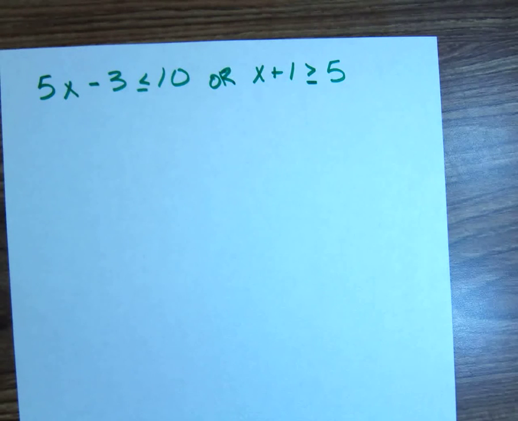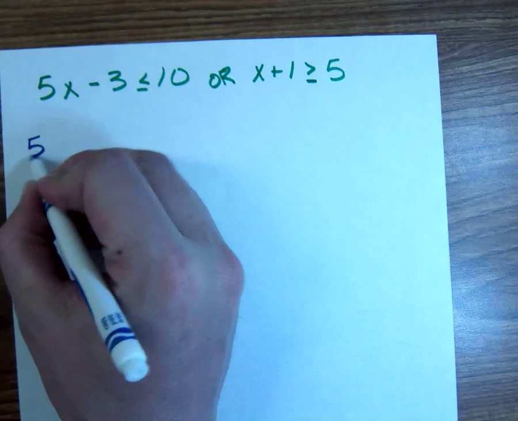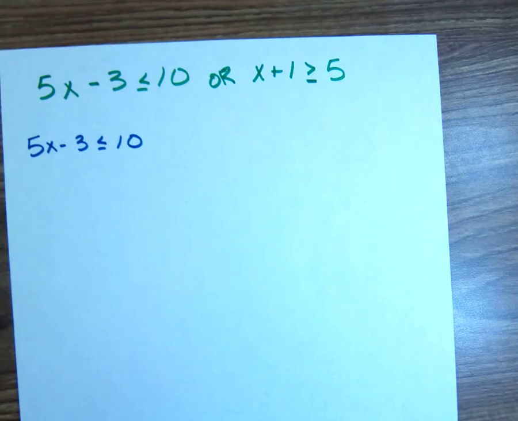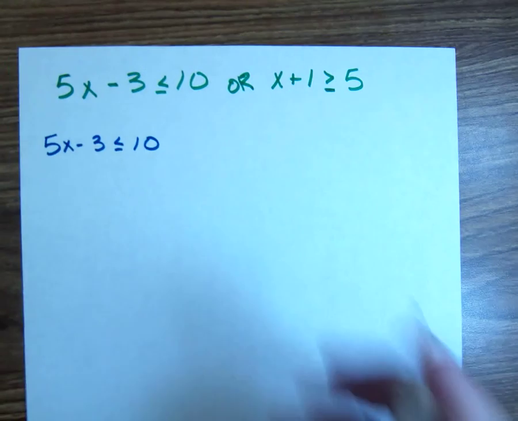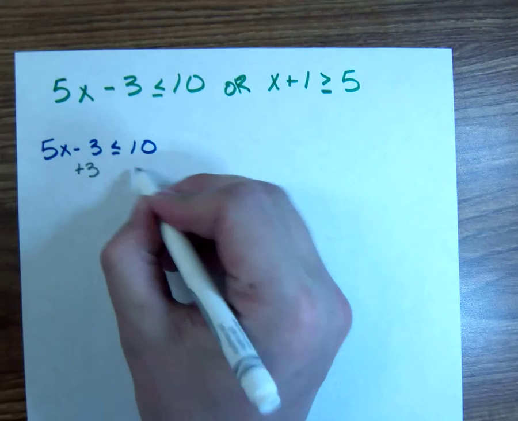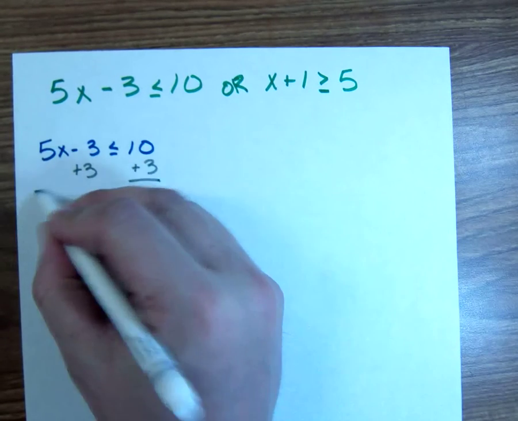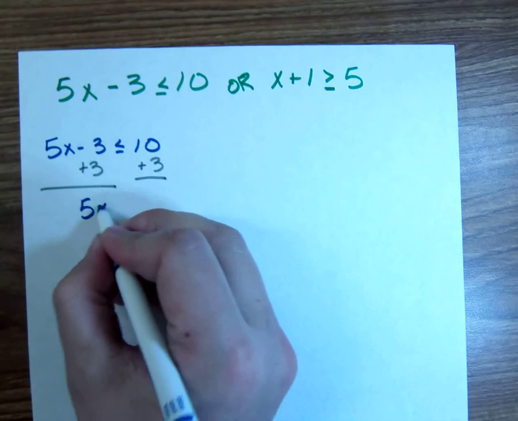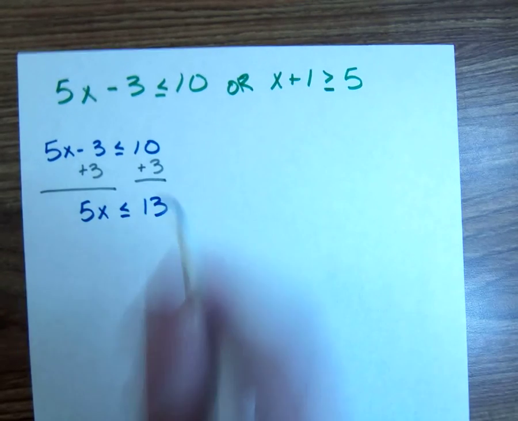All right, just like the last couple, our goal is to get the x by itself. So we're going to solve this one first. So we'll add 3. That'll give me 5x less than or equal to 13.